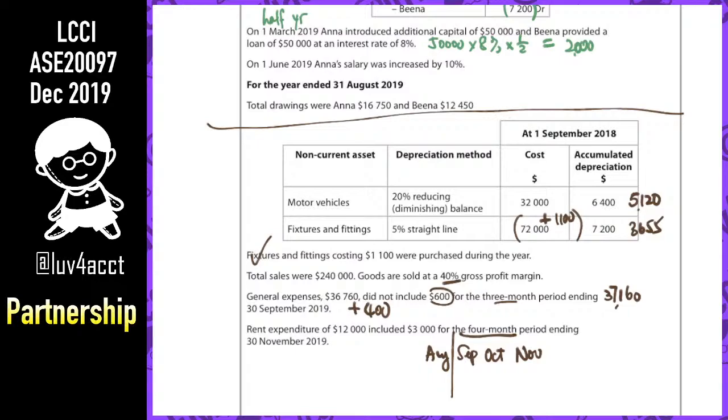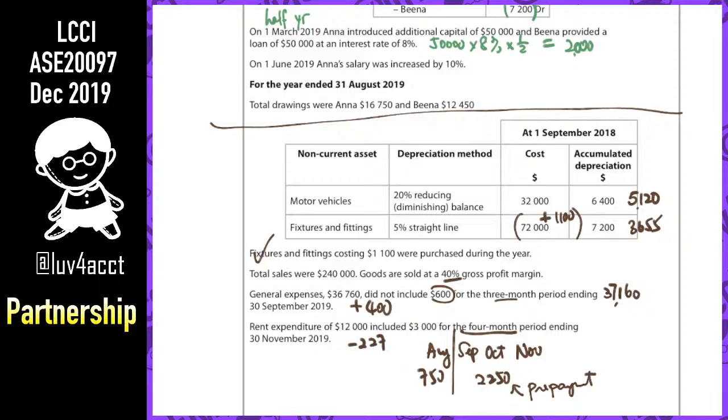That means of the 3,000, only 1 month is related to our period. Divided by 4, we have 750 and 2,250. This is a prepayment, so we have to minus 2,250 here. So 12,000 minus 2,250 gives 9,750. Now we have all the necessary amounts that we need.